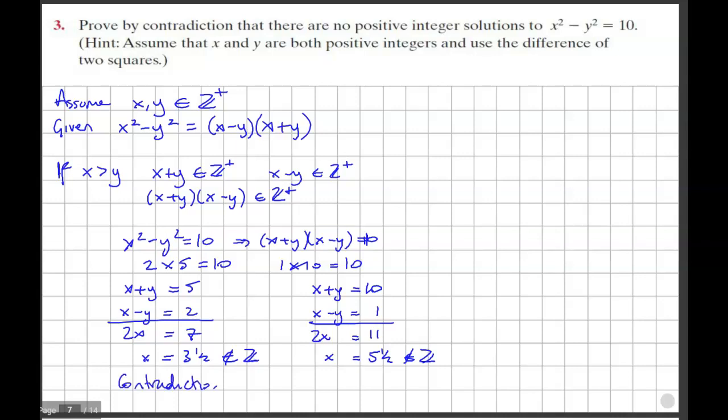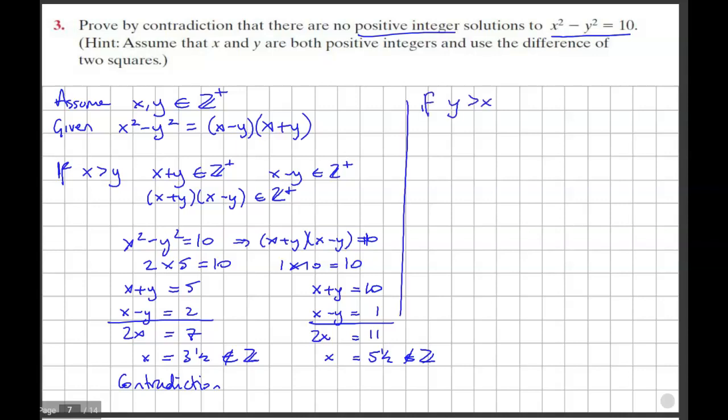This scenario is impossible. I can't have a situation where I state that x and y are integers and then find that the only scenarios give me values that aren't integers. So I've contradicted my statements. I've tried to say that there are positive integers and they do work to make x squared minus y squared equal to 10, and I've just contradicted myself.